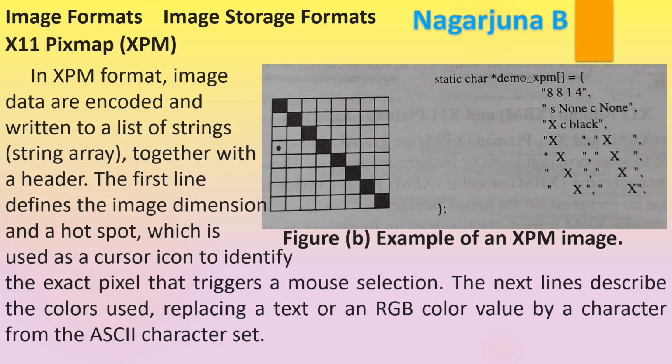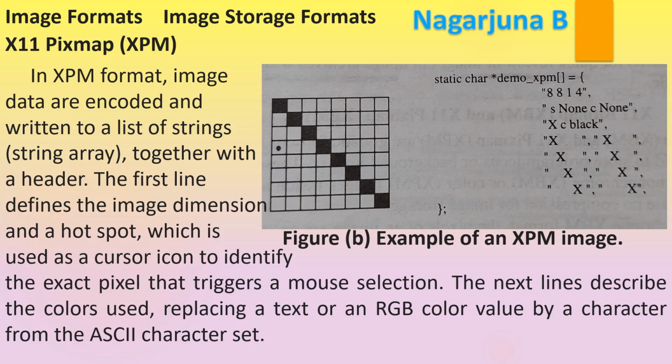These are the first 2 lines, and they specify the image dimension and the cursor icon to identify the exact pixel that triggers a mouse selection.